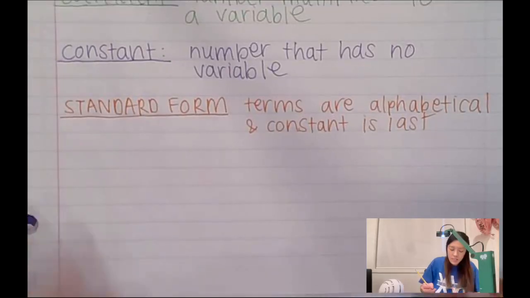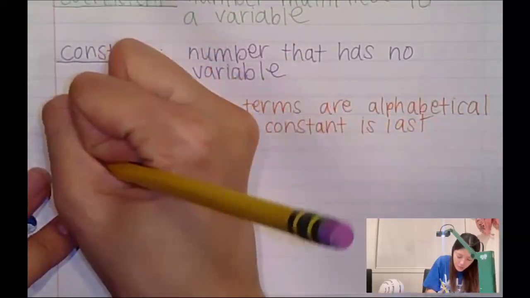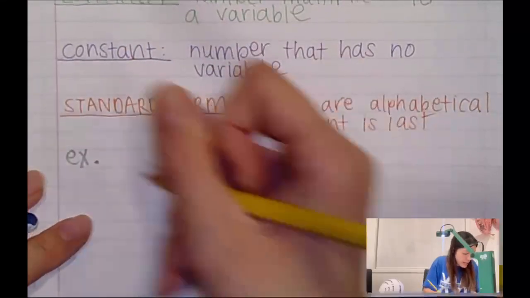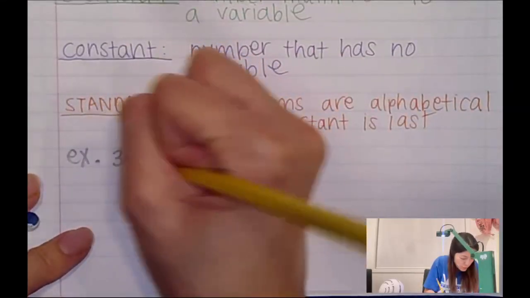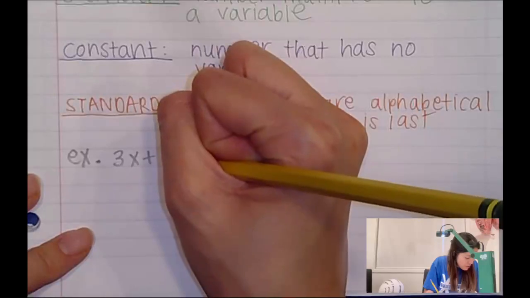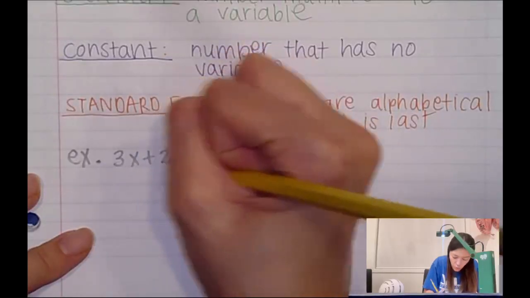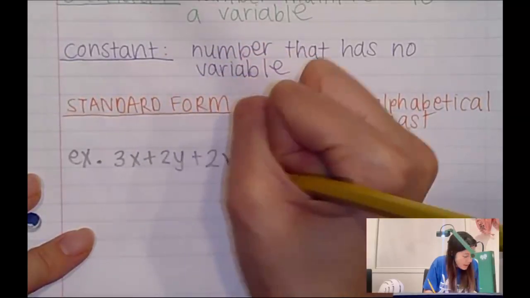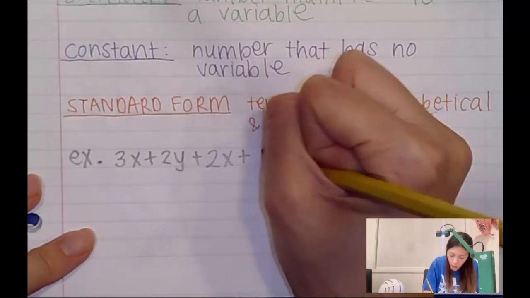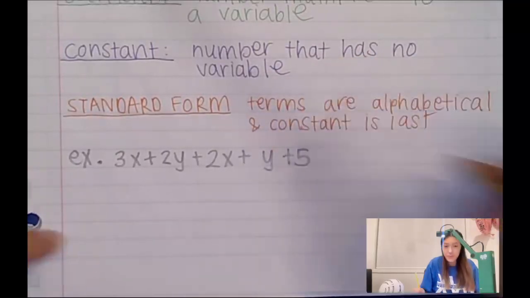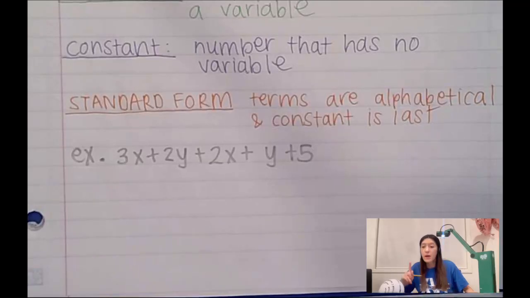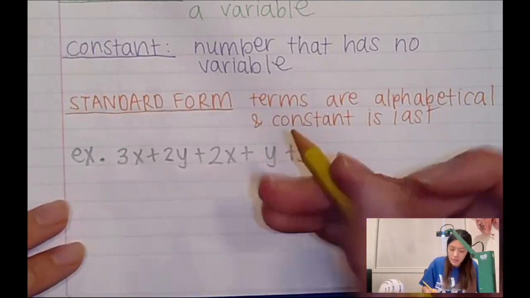Okay, so let's simplify one of these. Let's say I have the expression 3x plus 2y plus 2x plus y plus 5. The first thing I want you to do is always rewrite it so your like terms are next to each other.